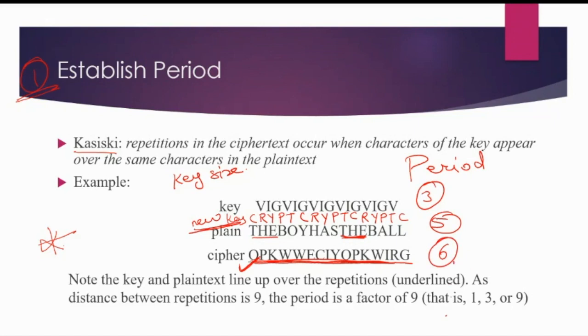So somehow this repetition tells us what the period is. It will give us some idea about the period. Our goal is to establish the period. Based on the repetitions that occur in the cipher text, it will give us some knowledge about the period.